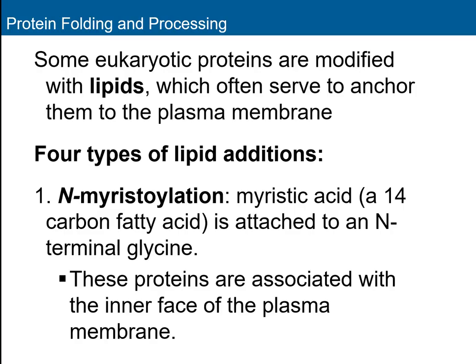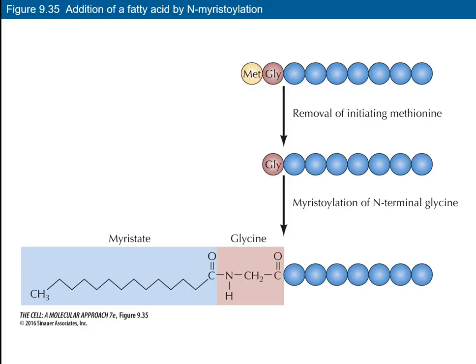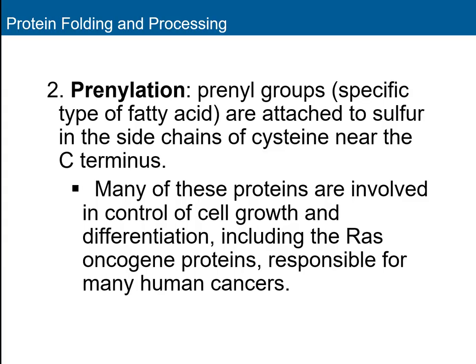Myristoylation: myristic acid is what's added on, which is a 14-carbon fatty acid. You don't need to know these details. You don't even see it on your review sheet, so hopefully you listened and know that you don't need to worry about the different types of lipid additions. Another type is prenylation, where prenyl groups are added.